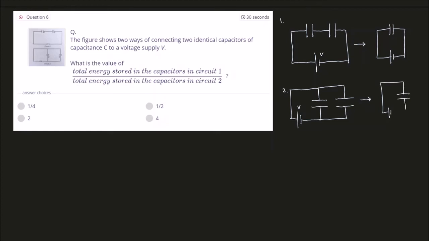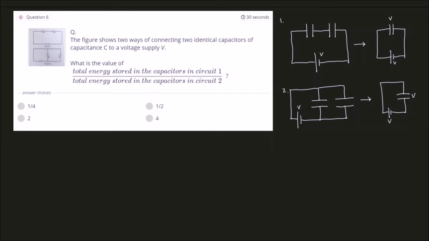If we have converted to the equivalent capacitance, the V across the power supply will also be the V across this equivalent capacitance. The same thing over here: the V for the voltage supply will be the same as the V across this equivalent capacitor.